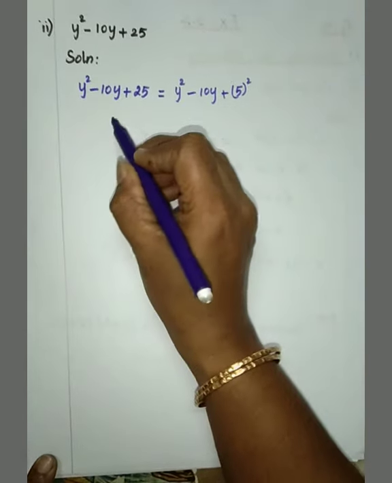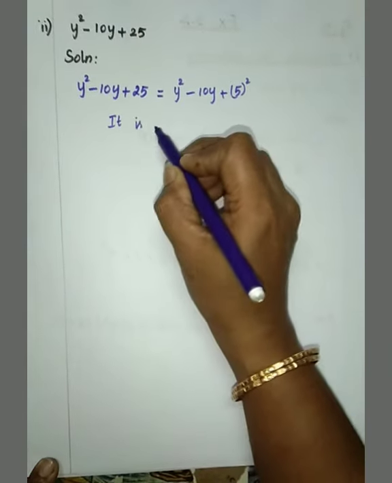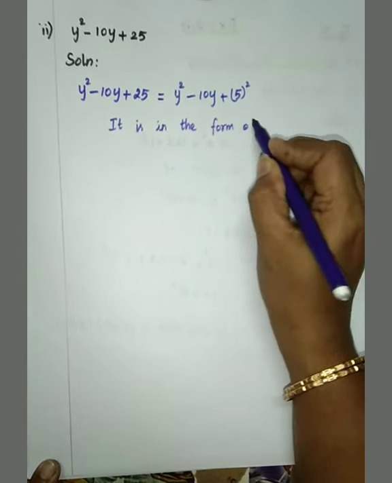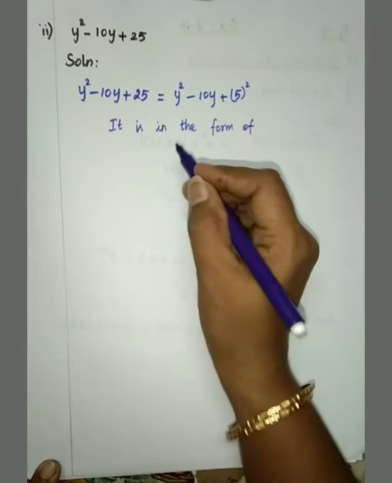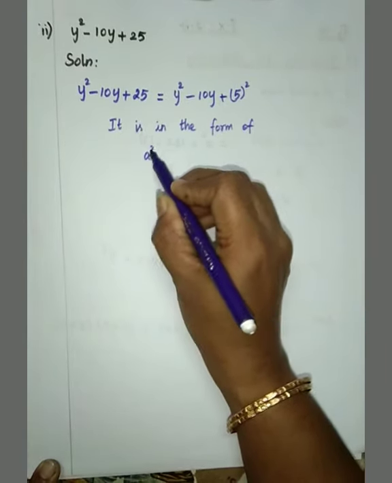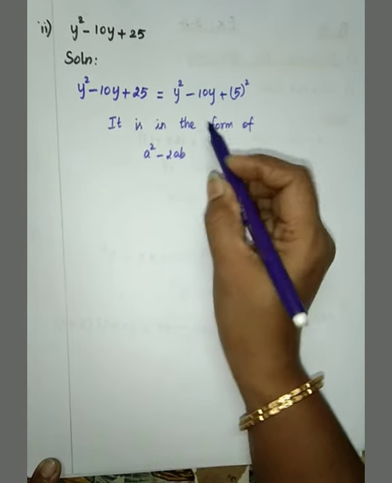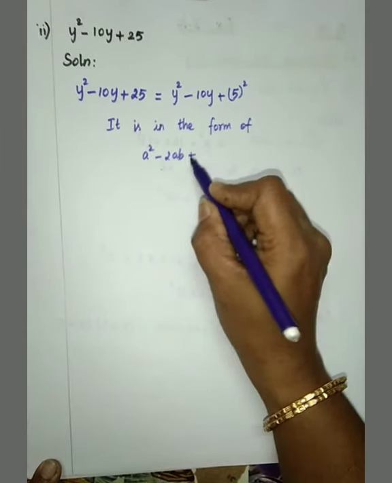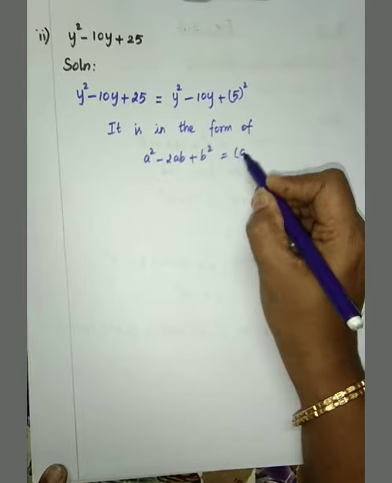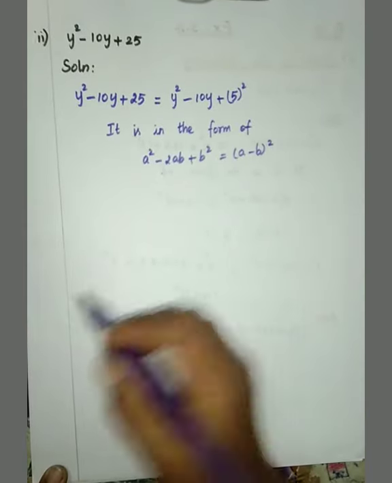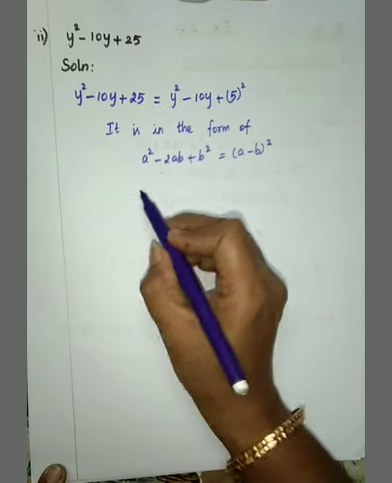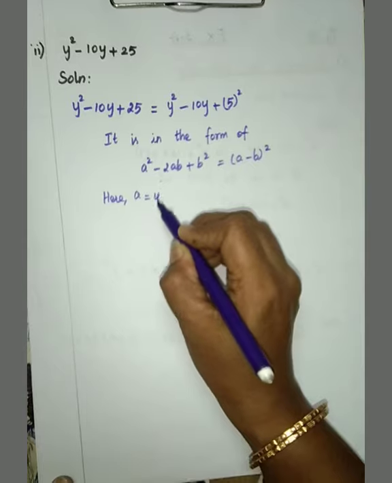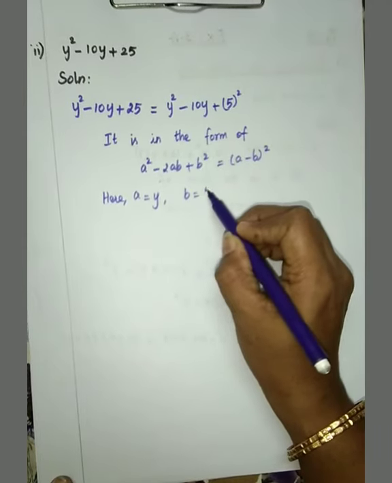Now it is in the form of a square minus 2ab, because the middle term sign is minus, so minus 2ab plus b square equal to a minus b the whole square. Therefore, from that we can write a is y and b value is 5.